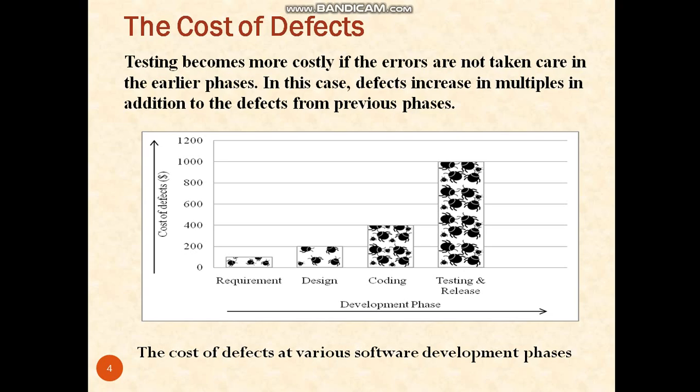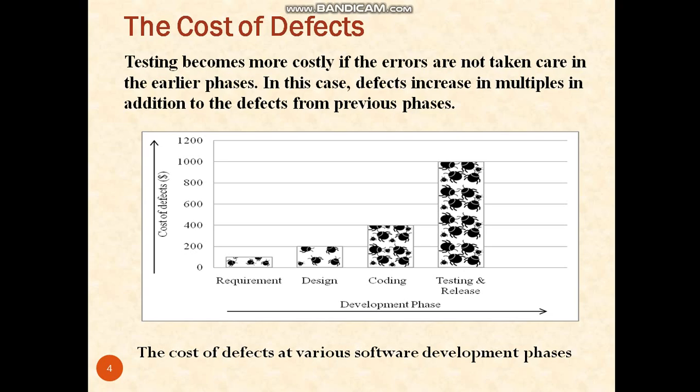As the development proceeds, the number of defects and their seriousness increase. Therefore, the cost of detecting and fixing the defects increases in the software development life cycle, and the maximum number of defects is reported during testing and release.